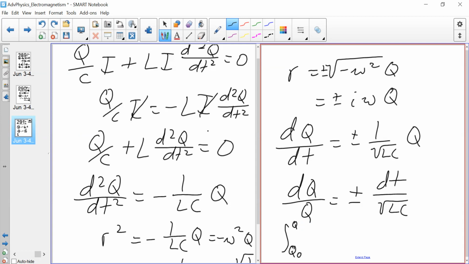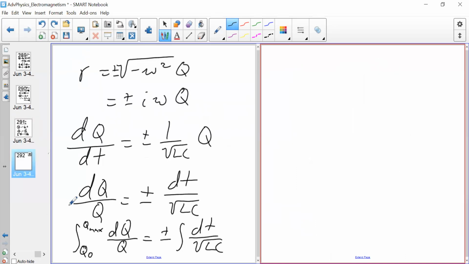We can call this max if we want to, dq over q, and then that's going to be plus minus integral dt square root of L over C. This comes out of the integrand. And then we have natural log of q max over q naught.